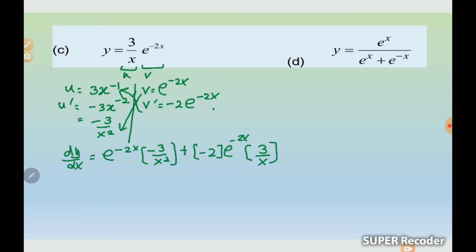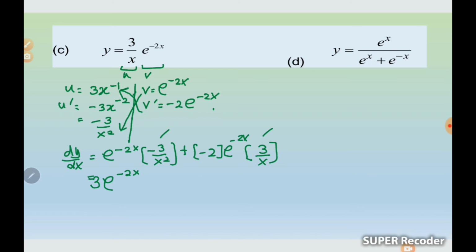So simplify here. Firstly, we need to factorize because we have the same function here, e to the power of negative 2, at both sides. So e to the power of negative 2x. Then we also have 3 here, so you put 3 in front.